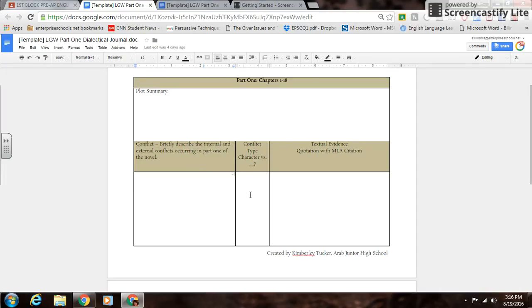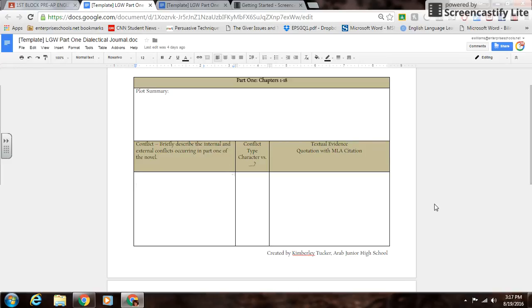Whenever you get finished reading chapter 9, you should go ahead and fill out at least one conflict here, the type of conflict it is, and then give me the textual evidence that proves that this, in fact, is a conflict in the novel. After you get finished doing at least one of these, then you will continue with your group reading chapters 10 through 18.